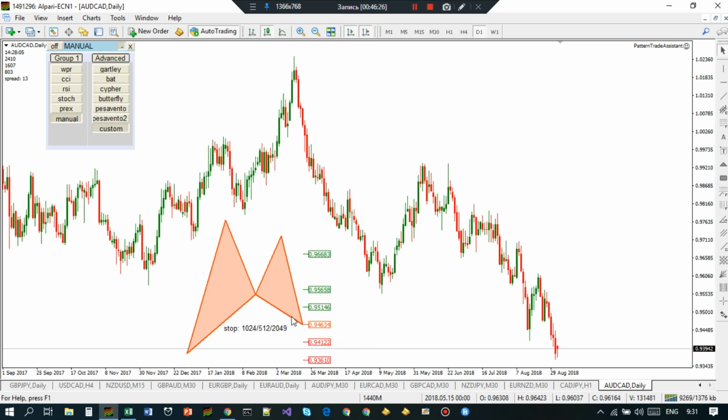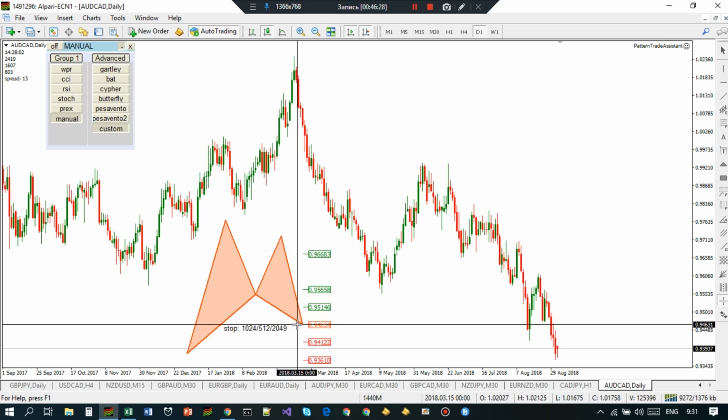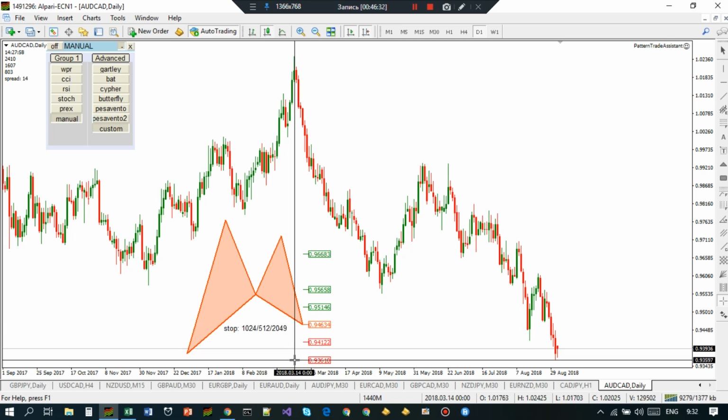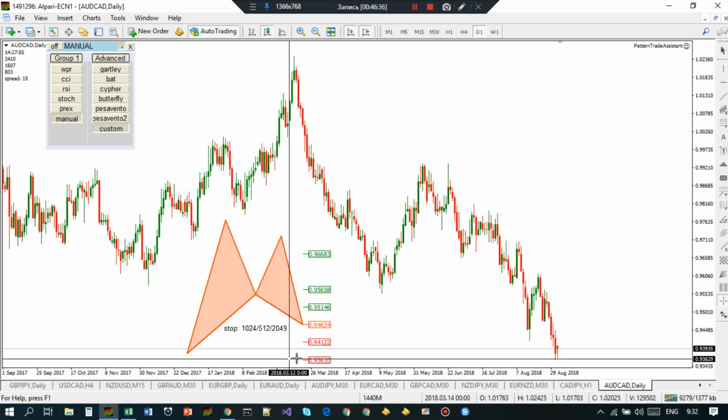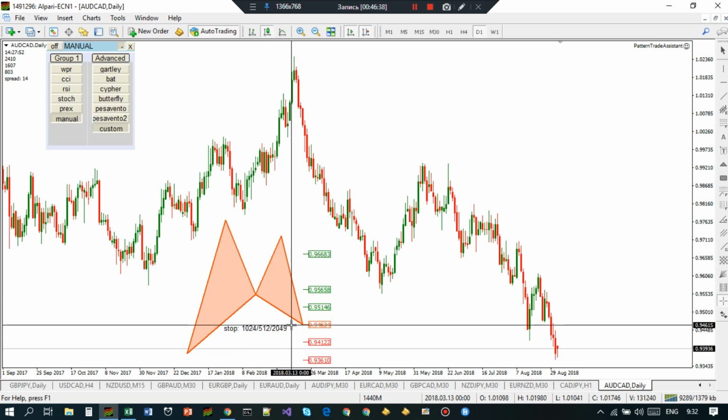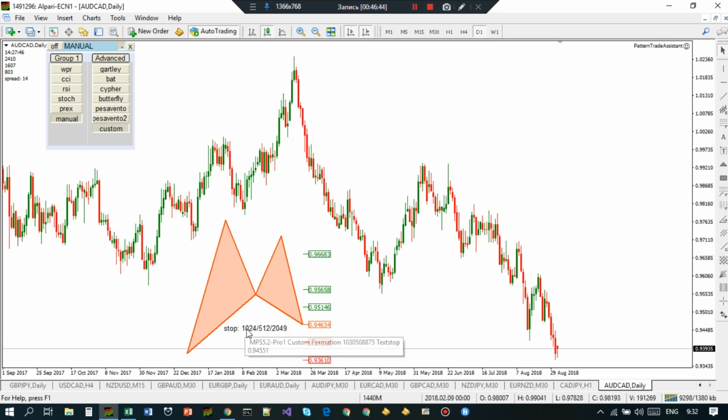So this is the completion of a potential pattern. So what we have is the stop loss, which is 5% below this X point, the invalidation. It doesn't matter, but what the software does, it calculates the distance from here to here, and the distance is 1033. Well, it says 1024. I was close with my calculation. So the half of this distance is 512.